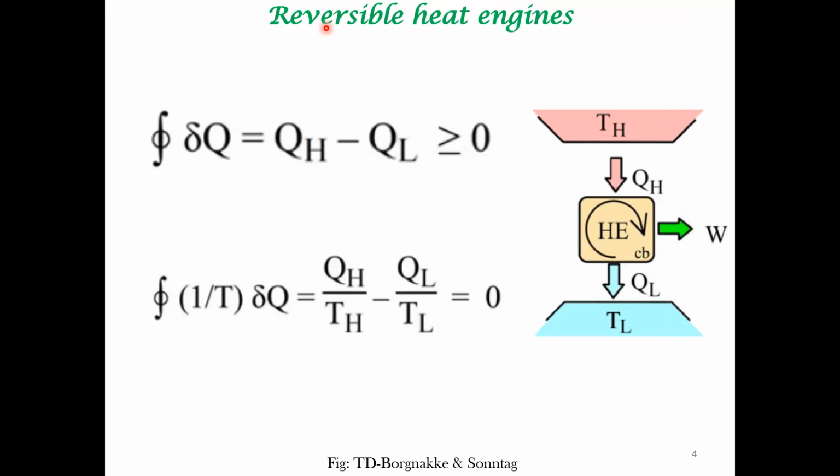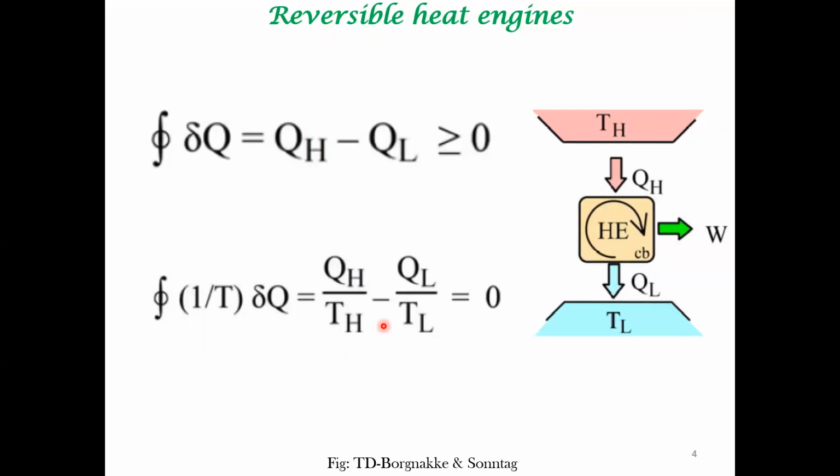So this idea of reversible heat engines is very, very critical. And for a reversible heat engine, we already saw these 2 things, right? It's a work generating device. Therefore, the heat taken up from the hot reservoir minus the heat rejected to the cold reservoir is greater than 0. And we already proved this in a few previous lectures.